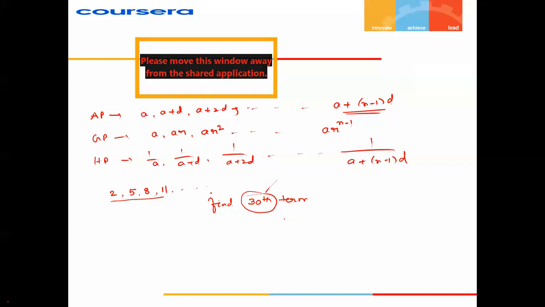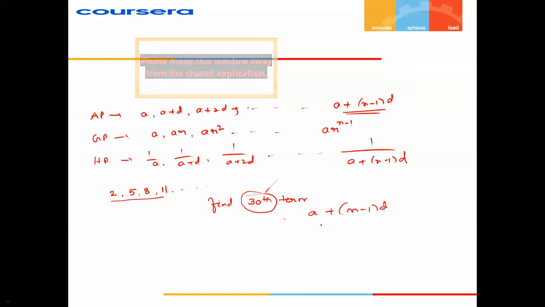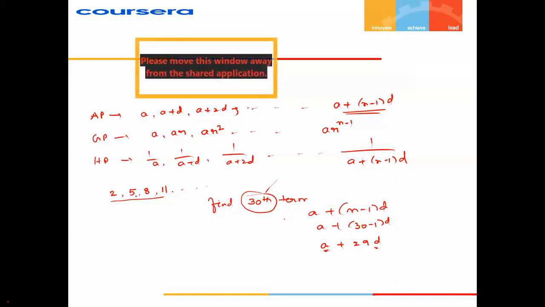Now immediately we understand, right? The 30th term is a plus n minus 1 into d. That means a plus 30 minus 1 into d, that is a plus 29d. Now we need a and d. What is a here? A means the first term, which is 2.